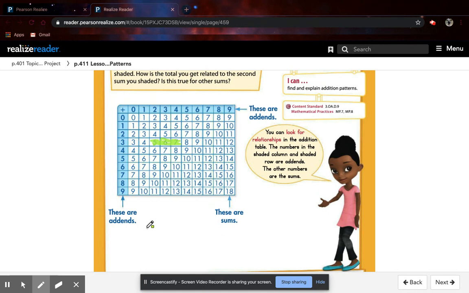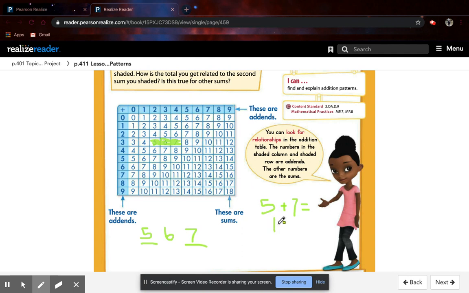So my three numbers are 5, 6, and 7. What they ask you to do is to add the first and the third numbers together. So I'm going to add my 5 plus my 7, and that gives me 12.